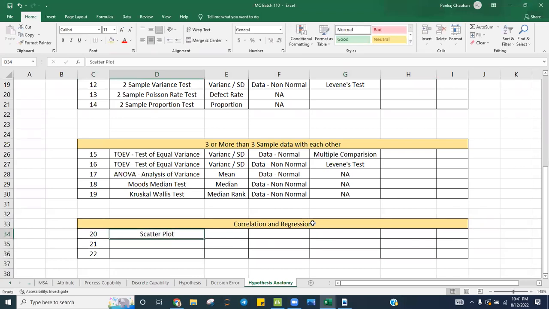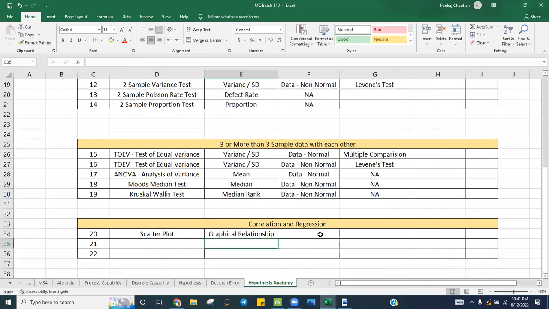Scatter plot means you are looking for the graphical relationship. This is one of your 7QC tools as well, right? So you are looking for the graphical relationship between two variables when your Y variable is numerical, maybe continuous or maybe discrete, and your X variable is also a numerical variable.